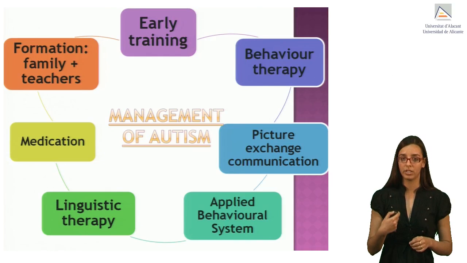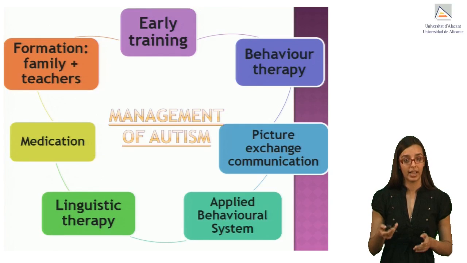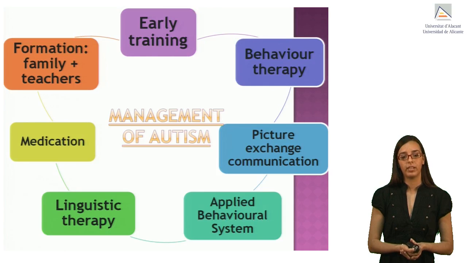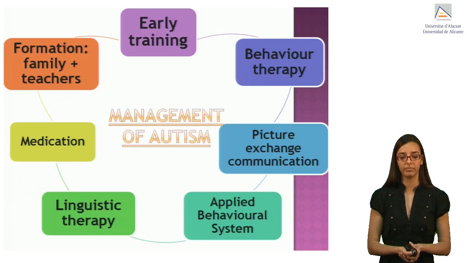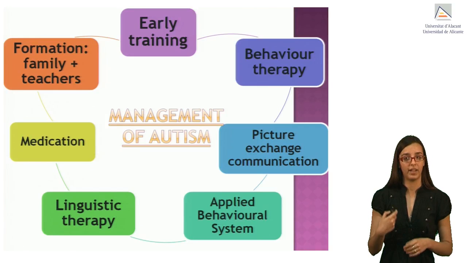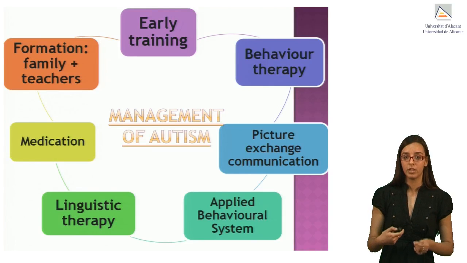It is really important to have an early individualized training within an environment which is very well organized and with very planned transitions. It is also very advisable to do behavior therapy or psychopedagogical therapy so as to promote social contact.